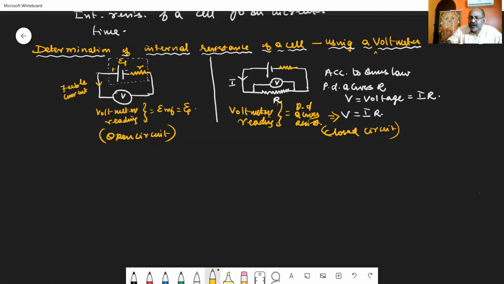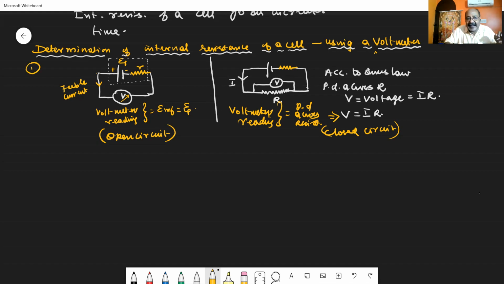With no external resistance connected, the voltmeter draws a negligible amount of current. The voltmeter reading gives the potential difference across the cell, which is the EMF. Only a very feeble current is drawn, so the circuit is called an open circuit.